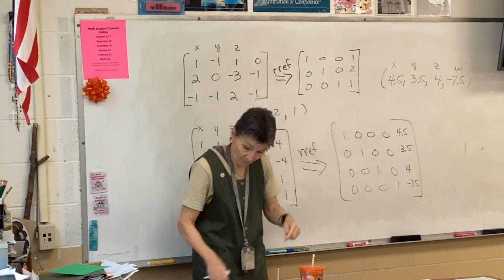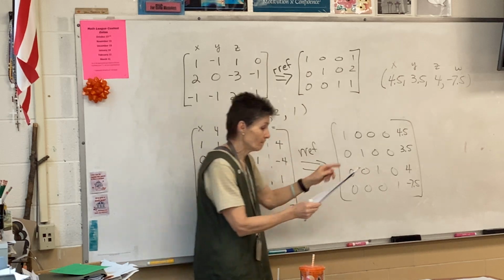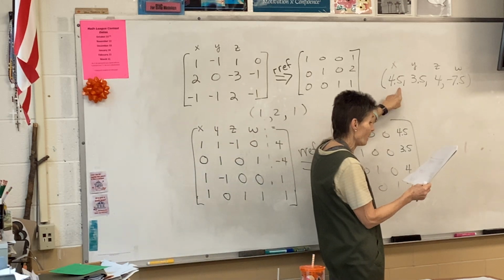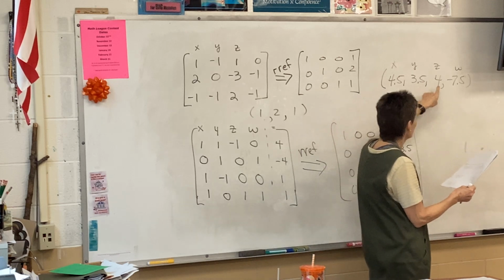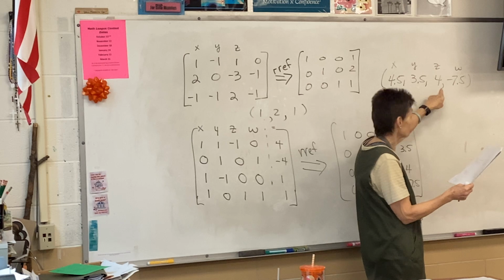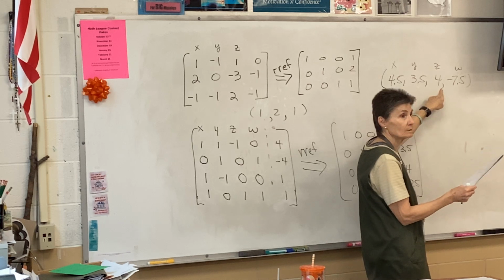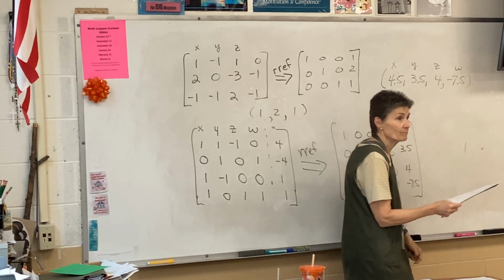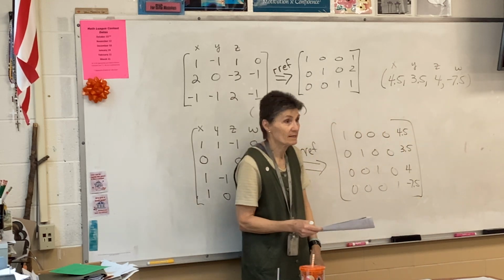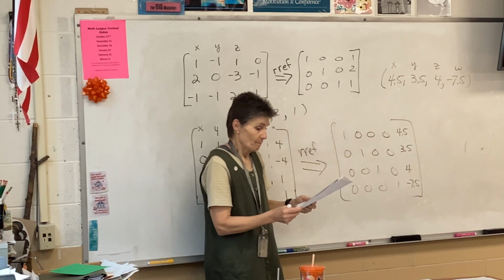So for example, if I plug it in the first equation, is 4.5 plus 3.5 minus 4 equal to 4? If it is, then I probably have the right answers. If it's not, then I need to go back and read it.